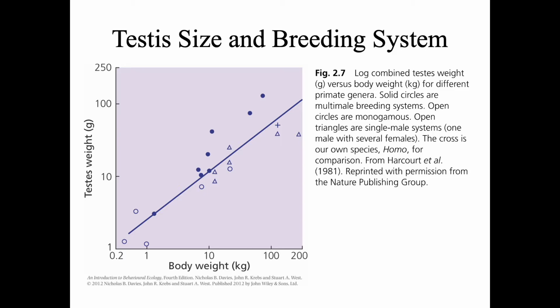Now, monogamy can either be lifelong pair bonds, or we can also have serial monogamy. Serial monogamy is when you have one male and one female pairing for a season of reproduction, and then the next breeding season you may have that same male pair with that same female again, or you might have that male pair with another female. It doesn't really matter, but the monogamy is of short duration for a given season.